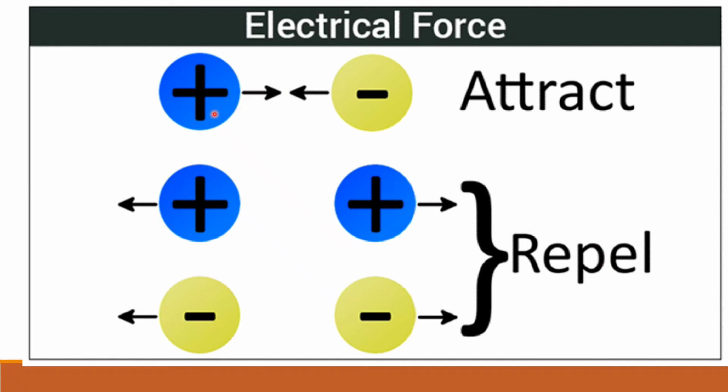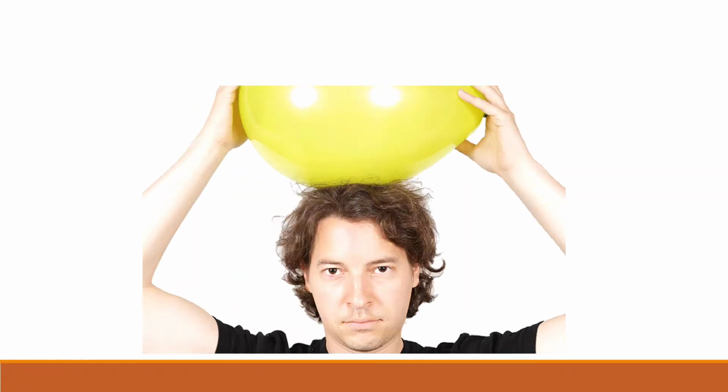If one object is positive and the other negative, the two objects will attract. If the charge of the objects is the same, positive and positive or negative and negative, they will repel, so they will not attract each other.